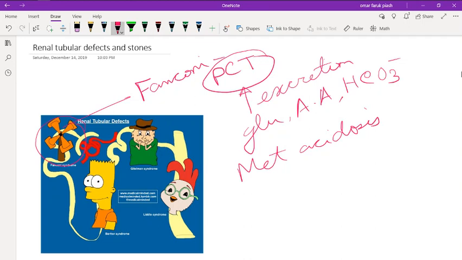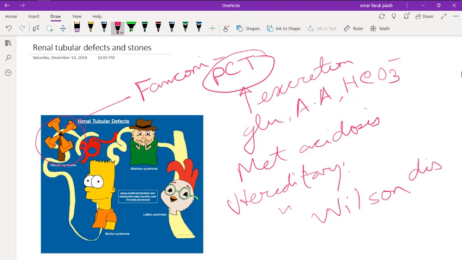And the causes include hereditary causes. In hereditary cause there is Wilson disease. In Wilson disease there is a problem in copper. There is tyrosinemia. There is glycogen storage disease.